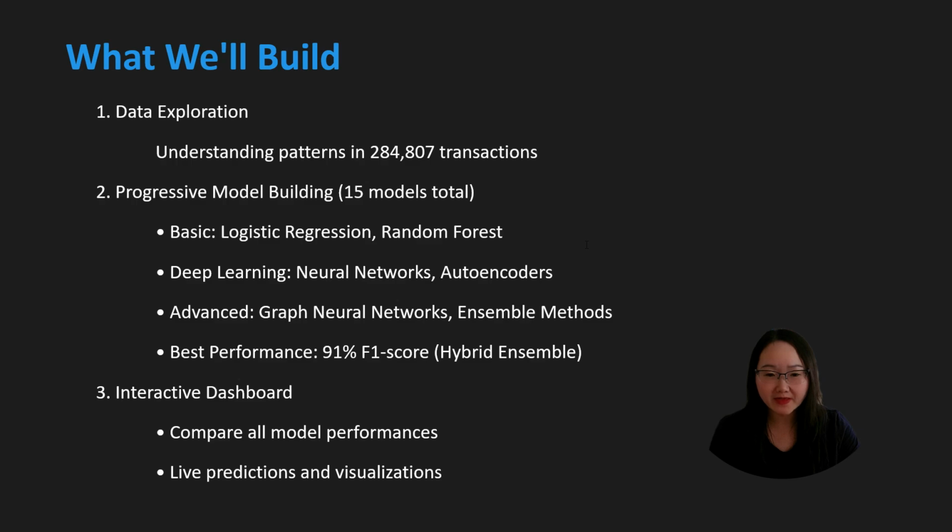We will train 15 different models total, reaching 91% F1 score. Finally, we will create an interactive dashboard, compare all model performances, visualize the data and predictions, and test live predictions on sample transactions. Each video builds on the previous one, going from fundamentals to research level techniques.